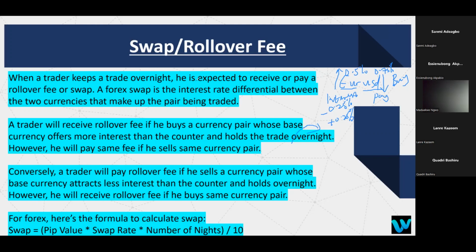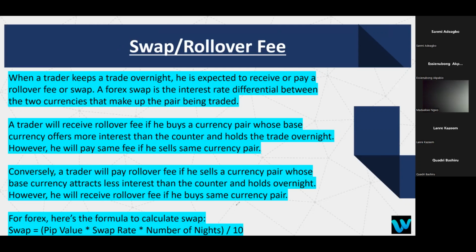What will inform your decision concerning the time frame, or the duration of your trades, whether you're going to open a trade today and close it today, or hold it for a few days or a few weeks or stuff like that, is going to be later. So we've talked about swap. Now, this is the formula for swap.